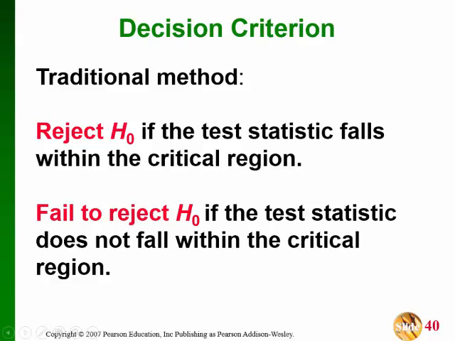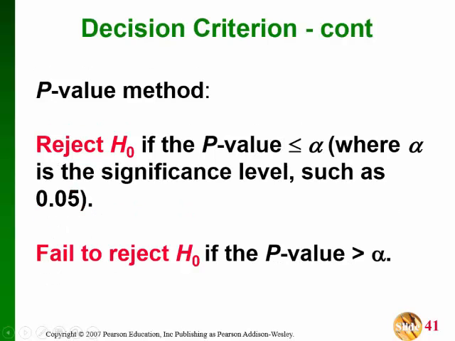So the other part of that is, what if we're not using the test statistic, what if we're using the p-value? So here's the decision criteria for the p-value. And I've got to tell you, it is a lot easier to look at the p-values than it is to look at the test statistic. The p-value is really a comparison with alpha.